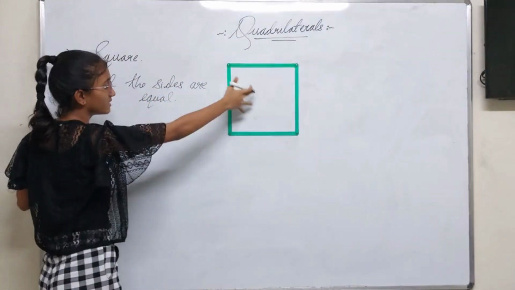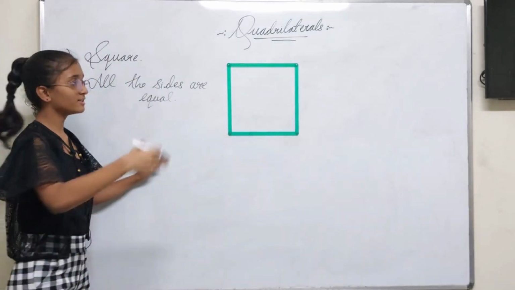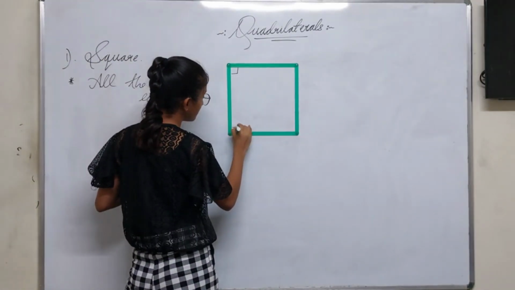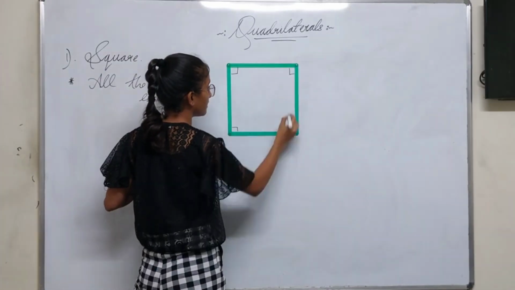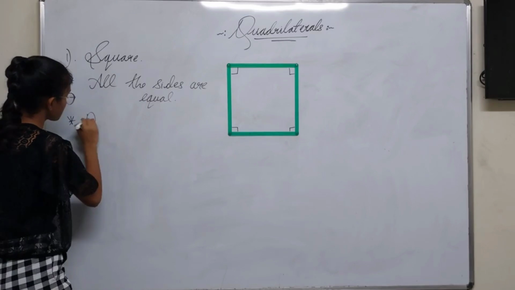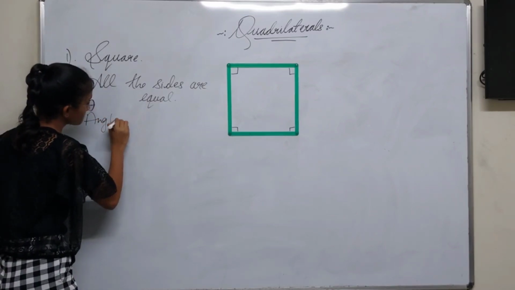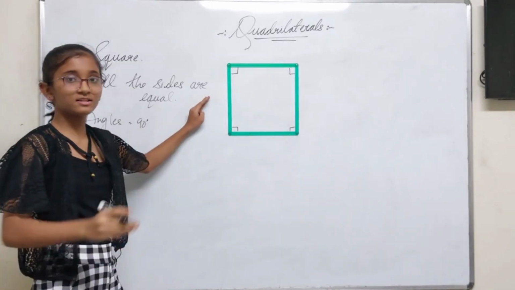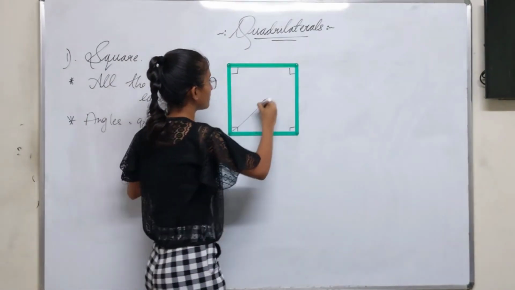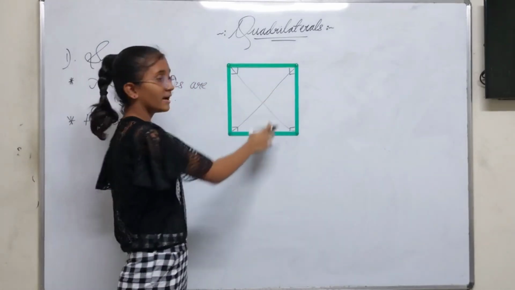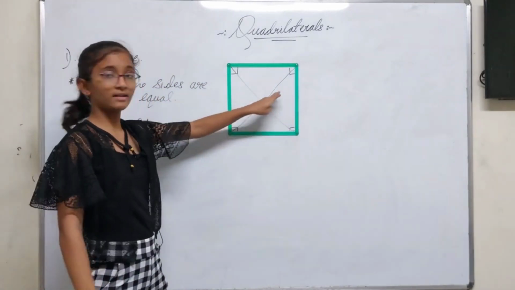So in a square all the sides will be equal and all the angles will be perpendicular, which means all the angles will be equal to 90 degrees, and the diagonals in the square will be equal and they will bisect at 90 degrees.